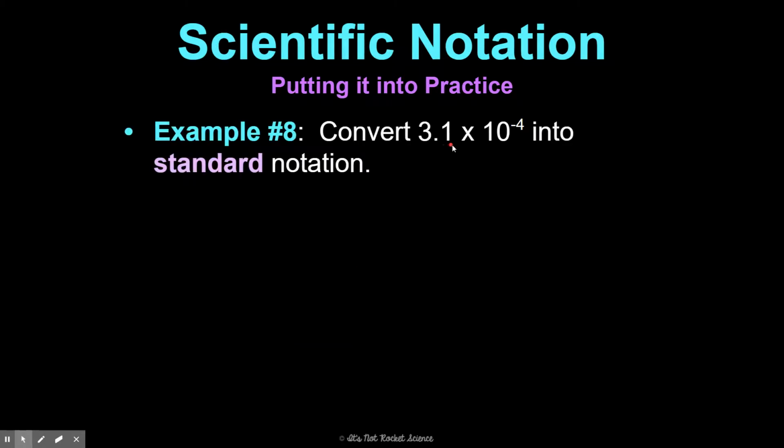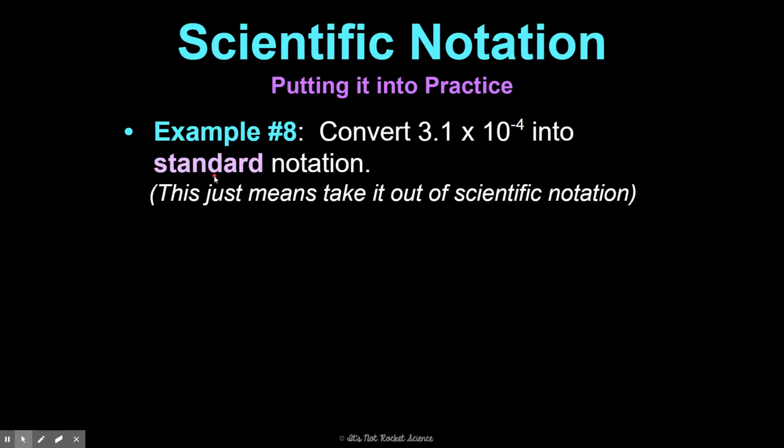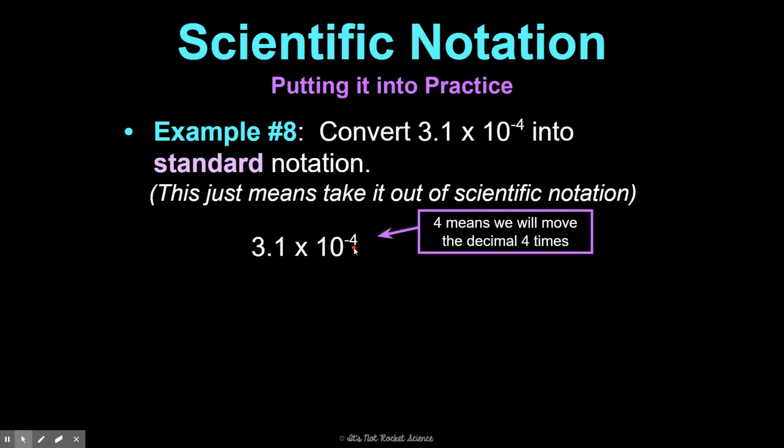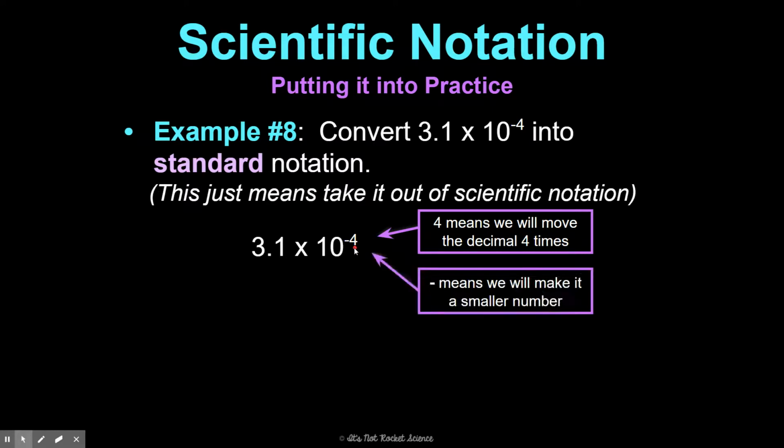So convert 3.1 times 10 to the negative fourth into standard notation. So taking it out of scientific notation, making it just a number. So I have a negative 4, meaning I'm going to move the decimal 4 times. But the negative means that I'm going to make this a smaller number because negatives are smaller than positives.